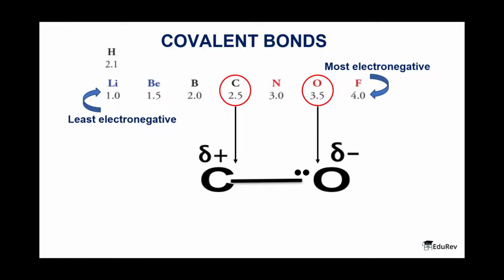Oxygen is going to have a negative polarity, whereas carbon is going to have a respective positive polarity. This kind of covalent bond, in which poles are created because of the difference in electronegativity of the two combining atoms, is called a polar covalent bond.